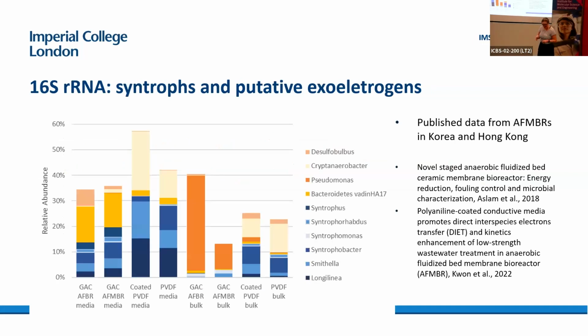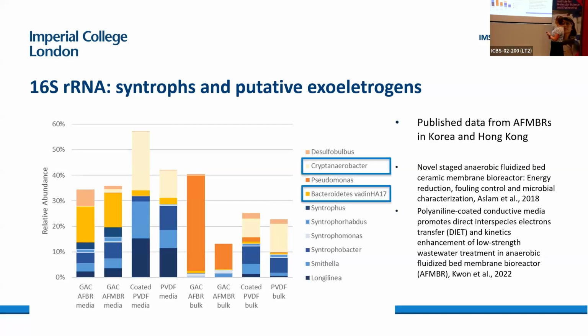So now this is why I mentioned the types of microbes. This is published data from our collaborators in Korea and Hong Kong. All of these orange bars are exoelectrogens. So we've got one half of the DIET community coming through really nice and strong.